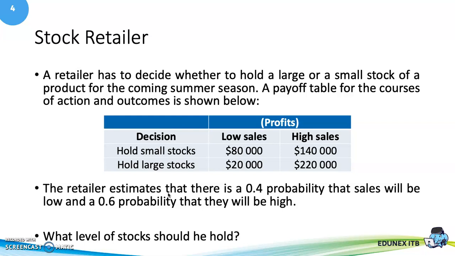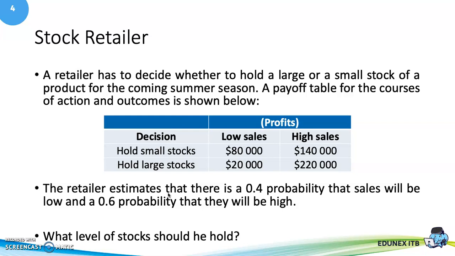If you hold the large stock and the low sells, you get the profit $20,000, while for hold large stock and high sales, then you get $220,000. The retailer here estimates that there is 0.4 probability that the sales will be low and 0.6 probability that they will be high. What the level of stock should be held?